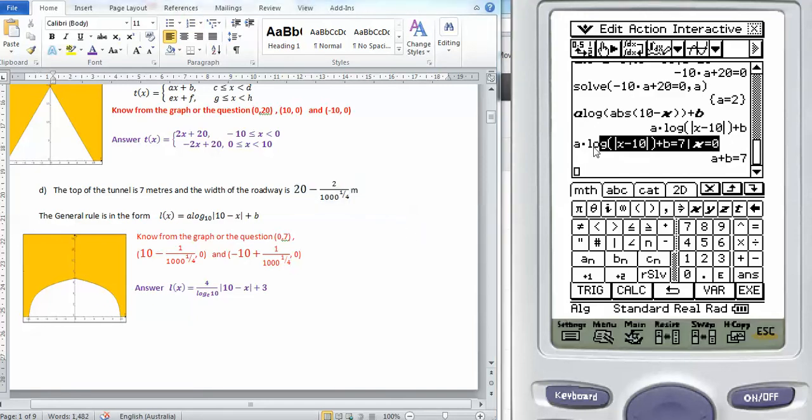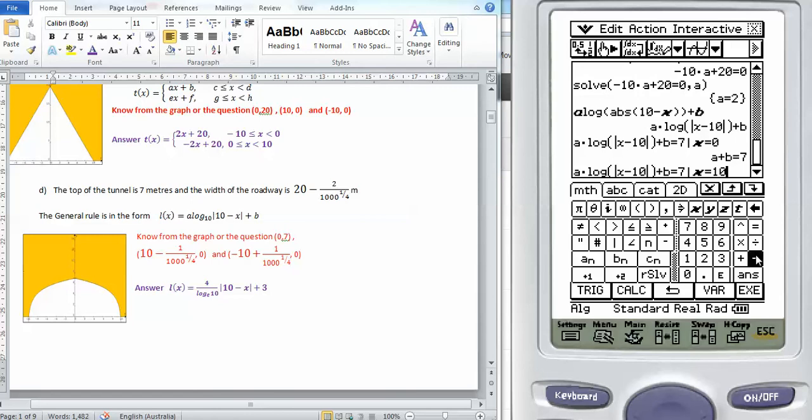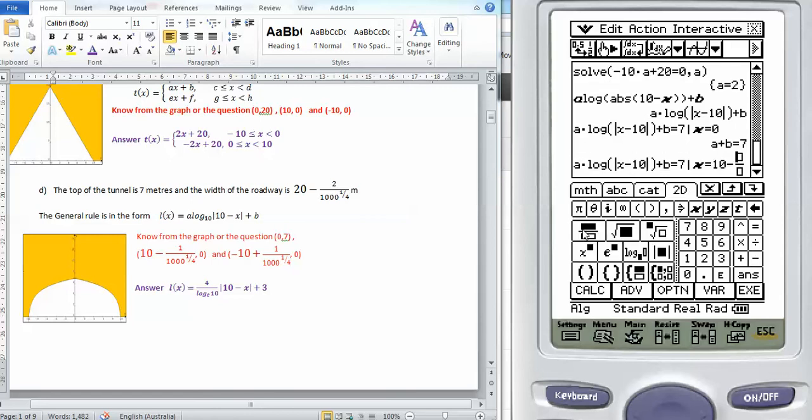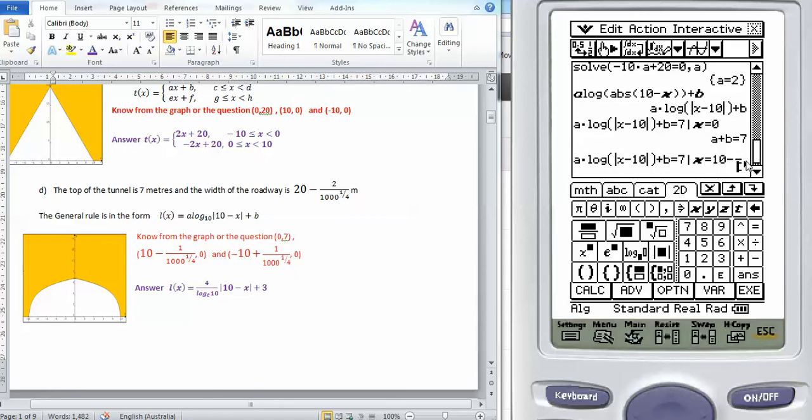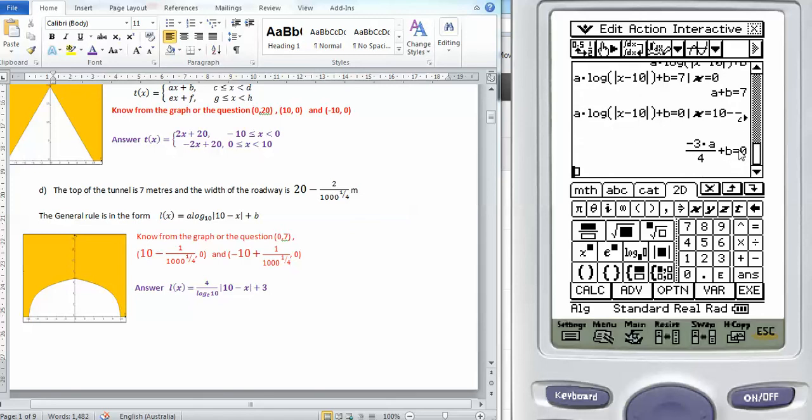So I also know from the equation that when x equals 10 minus 1 over the fourth root of 1,000, that y equals 0. And that gives me my second equation.